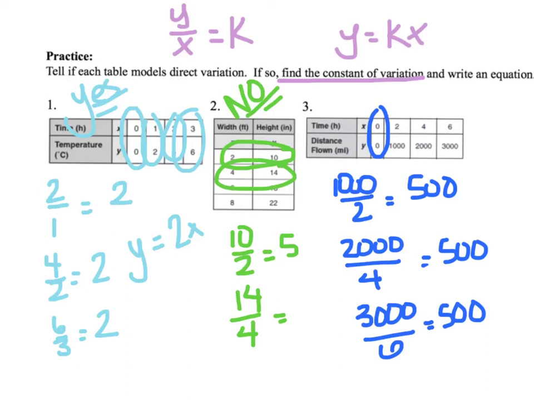So our constant of variation, or our k, since it's y over x, is equal to 500. So we can say that y is equal to 500x.